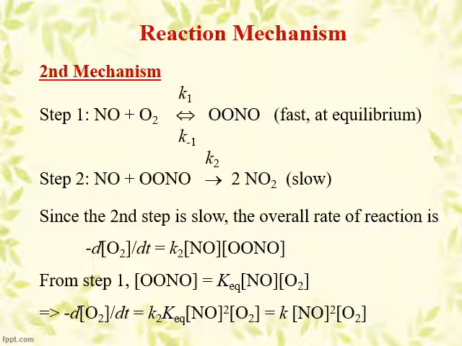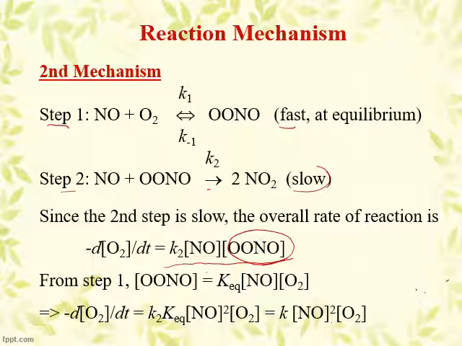Now this is the second set. Step 1 is fast at equilibrium, followed by step 2, a slow step. Step 2 is the slow step, so we write the rate law based on step 2, which is k2 NO OON O. Again, the OONO here is not in the overall reaction, so it is an intermediate which shouldn't be in the rate law.